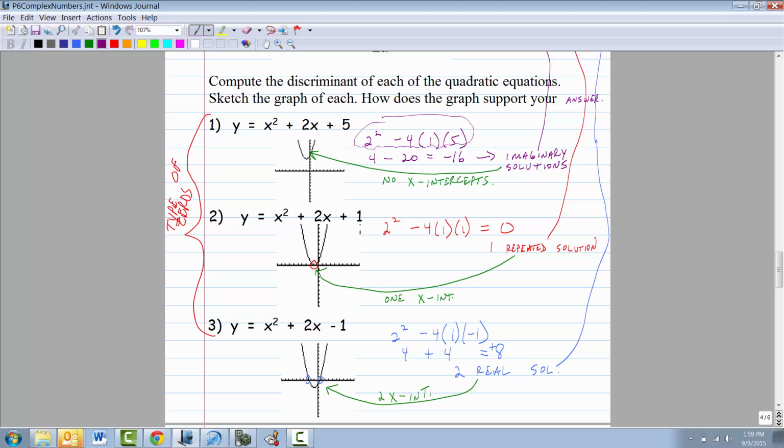And that's something you did discover last year a little bit, but maybe not too in depth. What happens when the discriminant is 0? Well, when you find the solutions using the quadratic formula, you're only going to get 1, because after the plus minus part, there's plus minus 0, which doesn't create 2 answers. When you look at your graph, it only touches the x-axis 1 time.